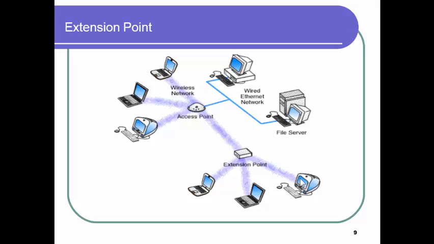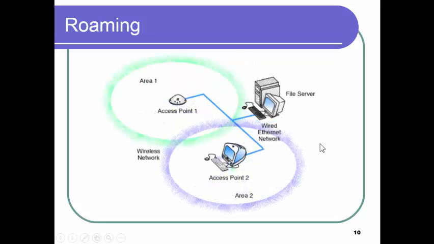This access point again will provide wireless service to another building or another area. So in this way extension points are helpful to increase the coverage area. Now in this case the connection between the access point and the extension might be wired or wireless, or wirelessly connected to the access point.